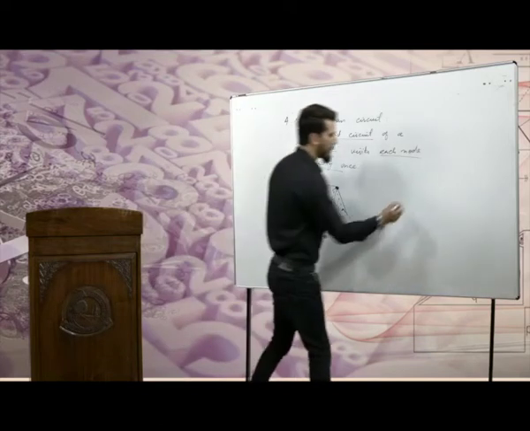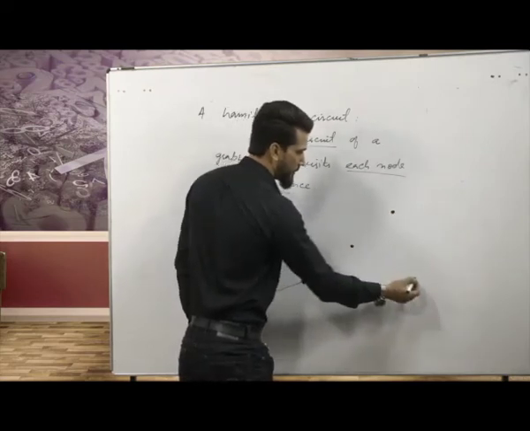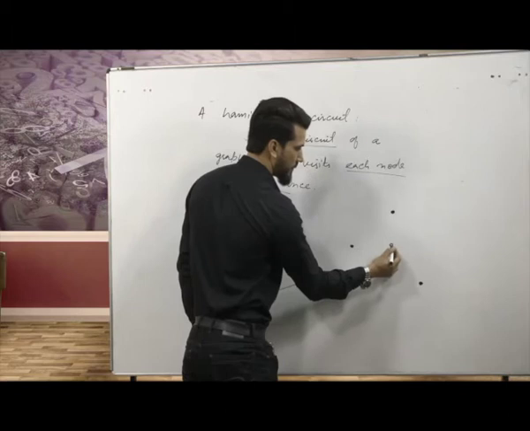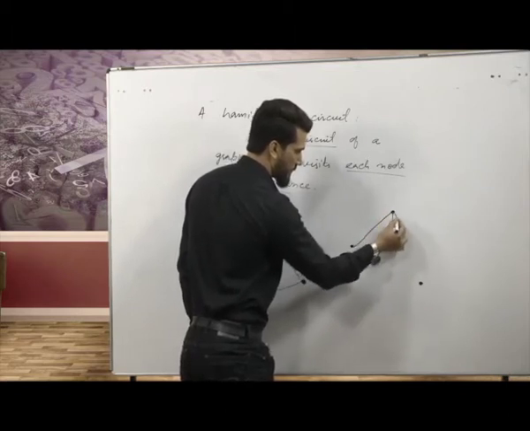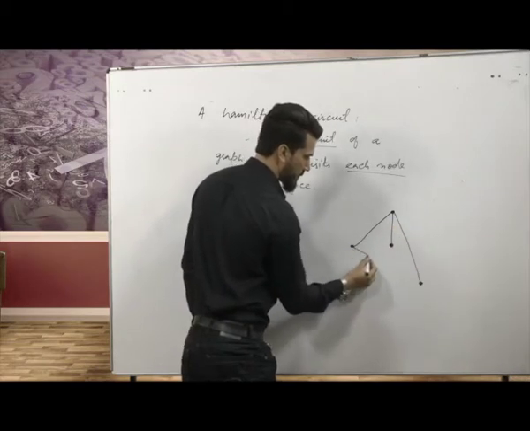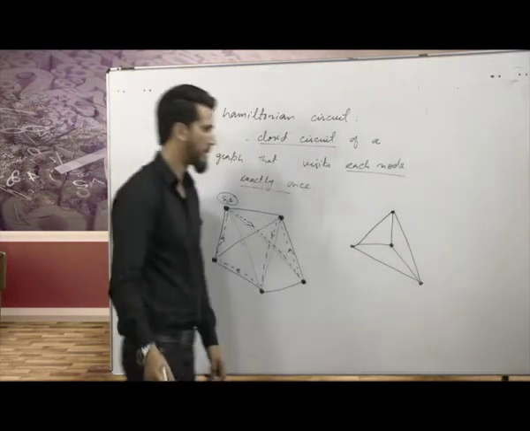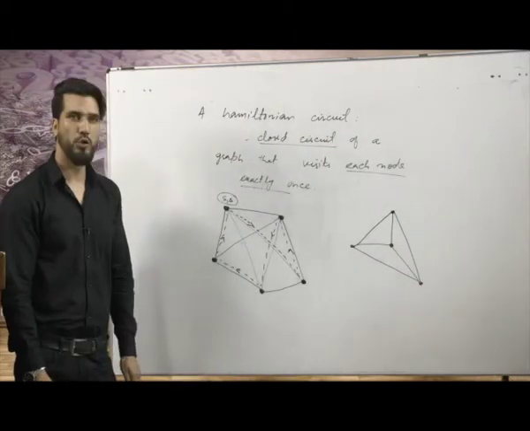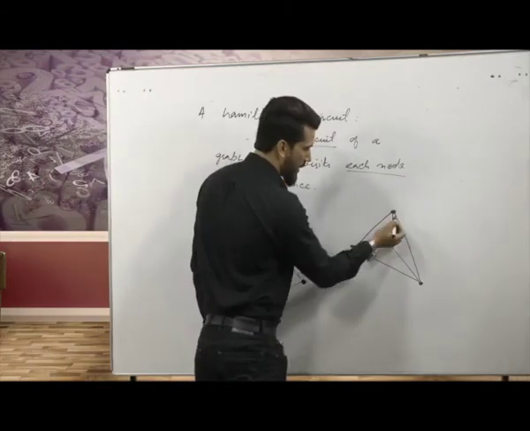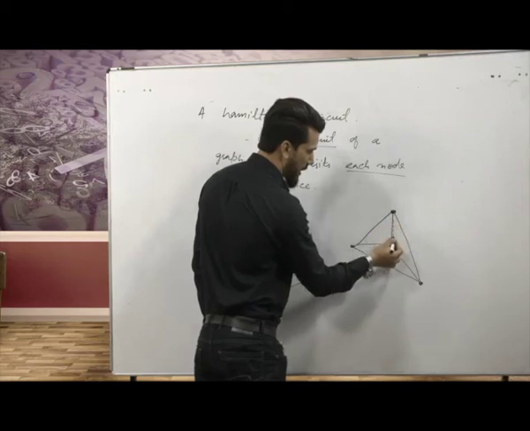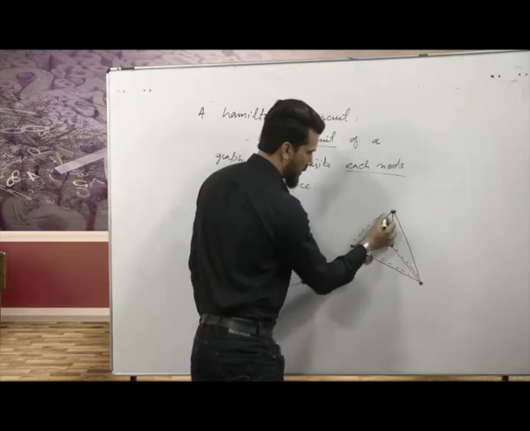Let me take one more example. If we have a graph like this, a graph with 4 nodes, a Hamiltonian circuit, if we start with this node here, can be like this here, and then here, and here.